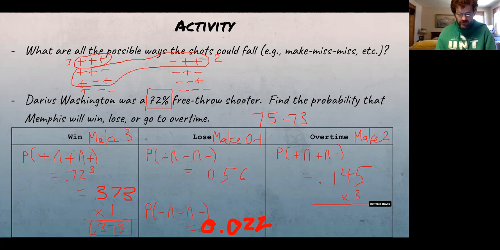show that this is 3 different outcomes, and it's important to recognize these are mutually exclusive events. Make, miss is mutually exclusive with make, miss, make. But they have the same probability of happening, so I can just add those up.